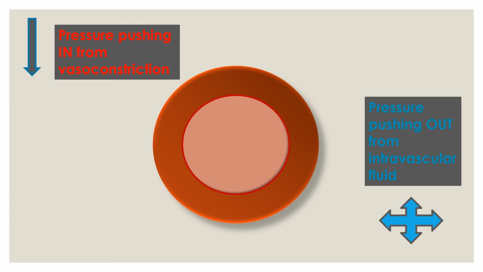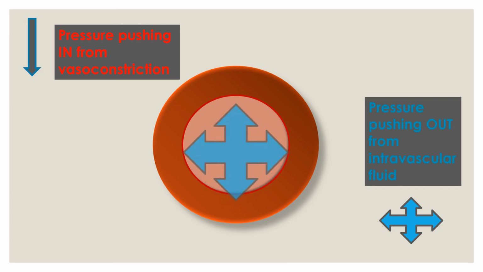So this slide just kind of shows you about hypertension and what causes it. So you have pressure that pushes in from vasoconstriction, and you have pressure that pushes out from intravascular fluid. So fluid in the vascular space pushes on the walls of the vessel, and the walls of the vessel push in on fluid.